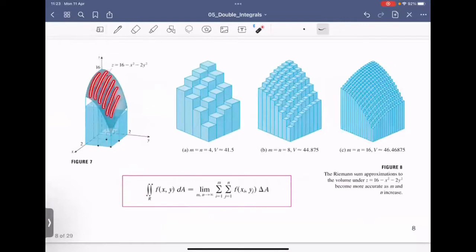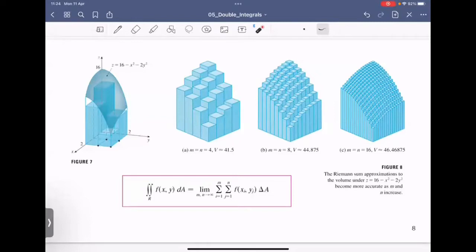If you do only a 2 by 2 stack here, the value of the volume that you get is not correct to be the volume under the curve, because it misses a lot. There is a lot of space here that you cannot fill in.